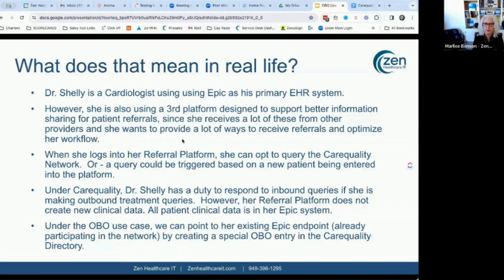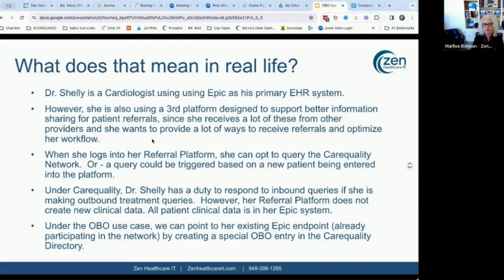But she recently purchased a new, innovative third-party platform designed to help optimize how she receives referrals from other providers. When you're a cardiologist getting referrals, a really full medical history is important before you see that patient.